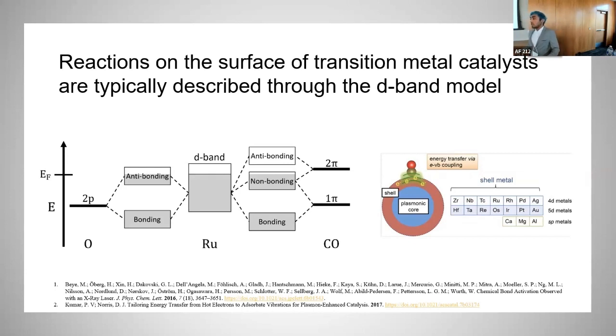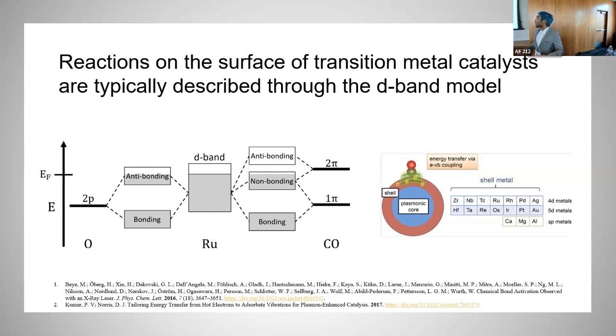And essentially we have electrons, atomic electrons in atomic orbitals of oxygen, CO, and basically what happens when 2 atomic orbitals combine, we can create 2 new molecular orbitals. So we have one bonding orbital and another anti-bonding orbital, which is higher in energy. And essentially what we can do is change the location of that anti-bonding orbital relative to the Fermi level, which is the highest energetic level that an electron can reach at absolute 0 Kelvin.